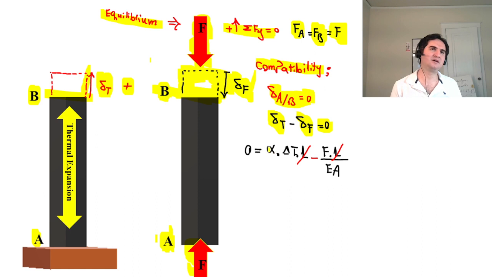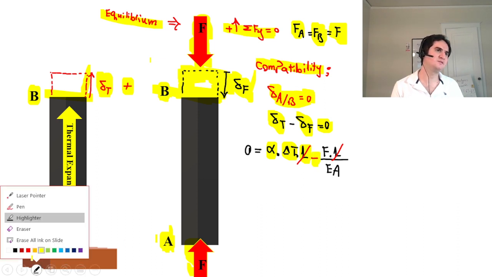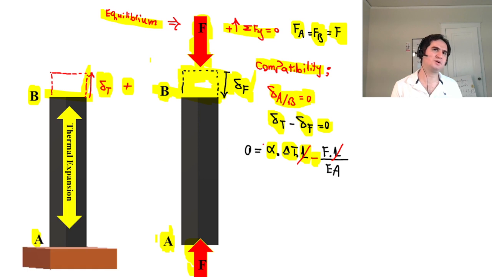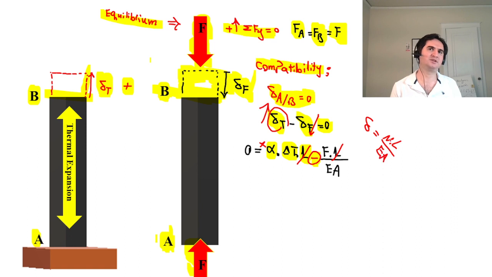Delta T is alpha delta T times the length of this specimen, minus, since this is a positive expansion, delta F goes down. That's a push, which is negative. FL over EA is the axial deformation, NL over EA, with N replaced by F, equals 0.